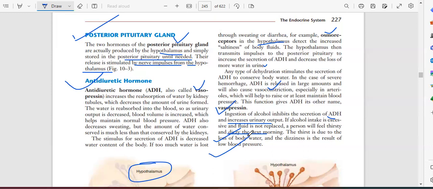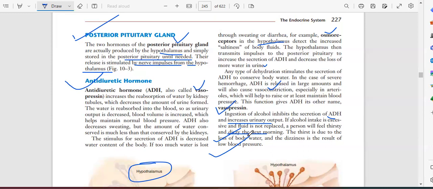Because alcohol stops the release of ADH. So ADH decreases, urine output increases. What will happen? The person will feel thirst and dizziness, giddiness. So the patient will feel dizziness and giddiness.